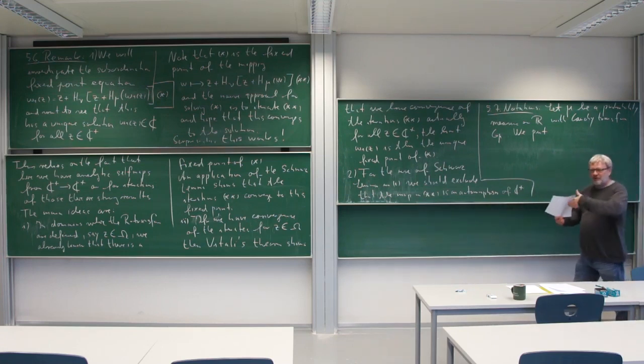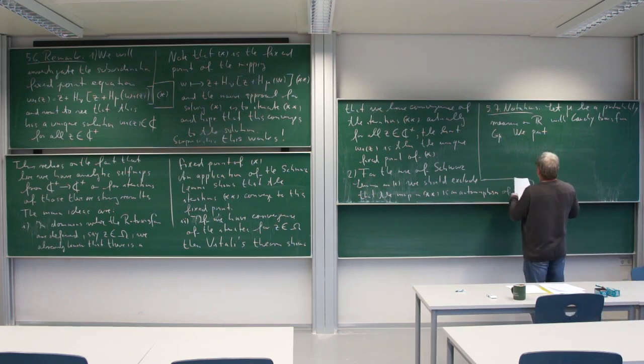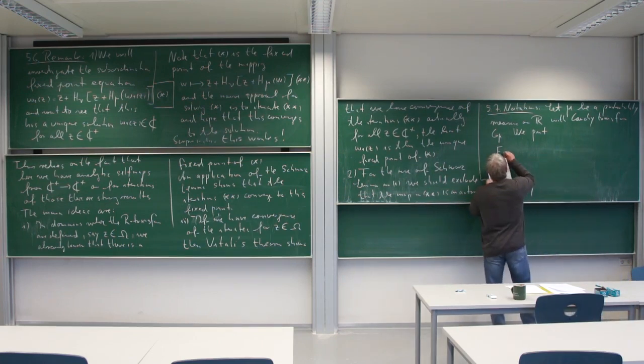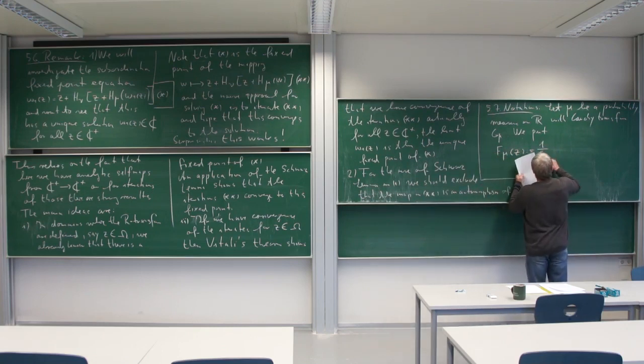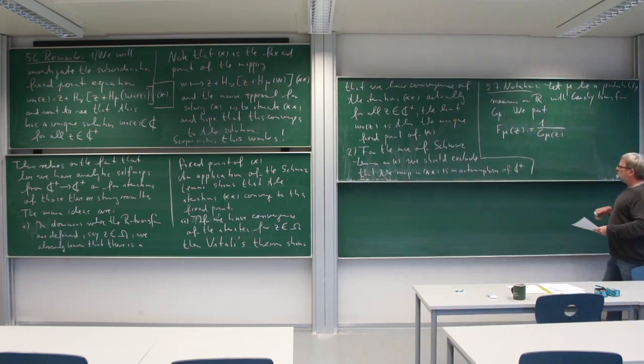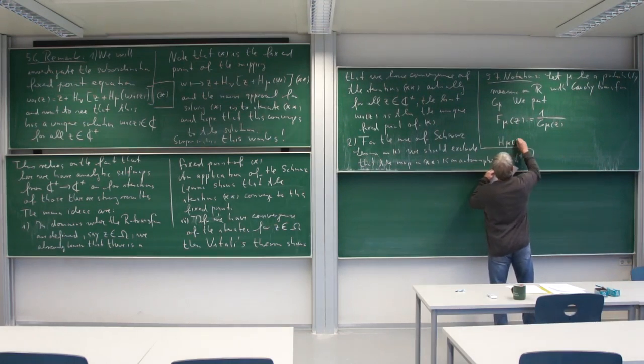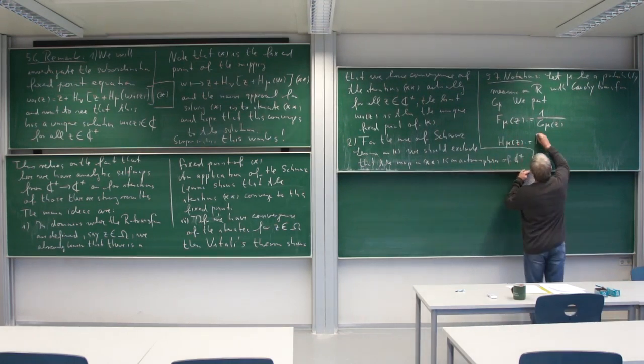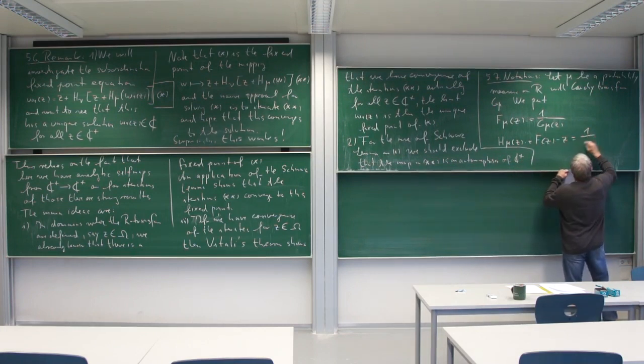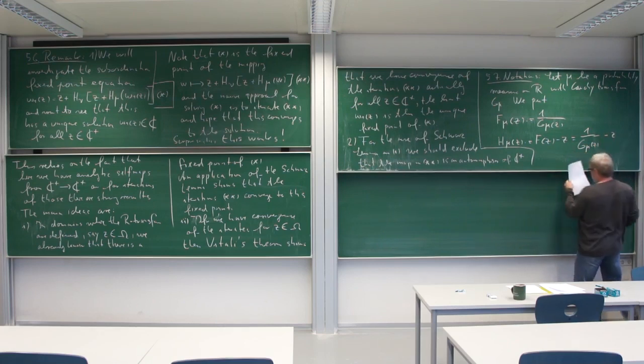We take 1 over the Cauchy transform, which is easy to control, and this is what we call F. So F mu of z is 1 over G mu of z, and H is F, and then I am subtracting also z. So H mu of z is F of z minus z, which in terms of G is 1 over G mu of z minus z. Okay, and so those are the functions.